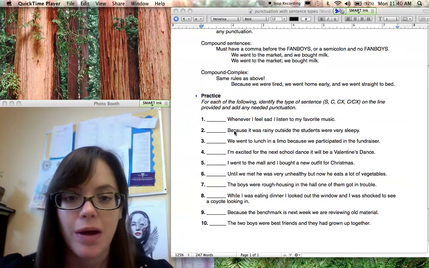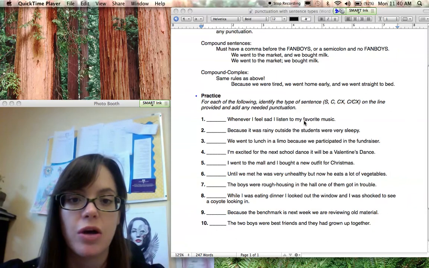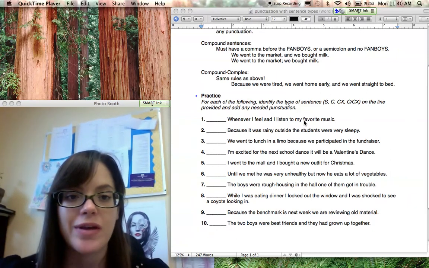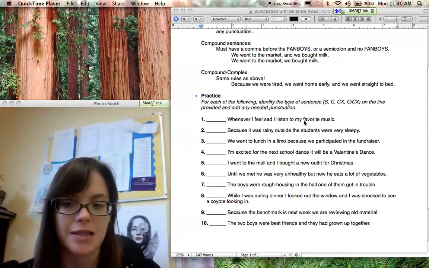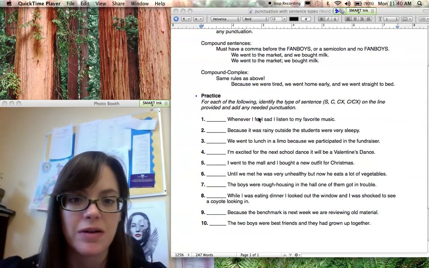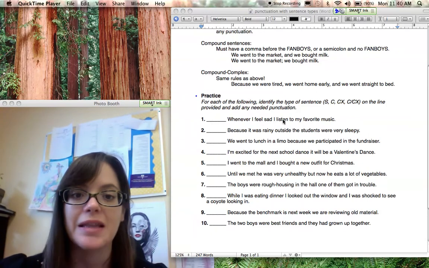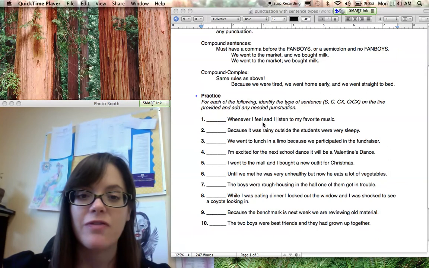Number one: whenever I feel sad, I listen to my favorite music. I've got to figure out what type of sentence this is, so I first have to figure out what clauses I have. I see some subject-verb pairs, I feel and I listen, so I know I've got two clauses. Let's look at my first one: whenever I feel sad.